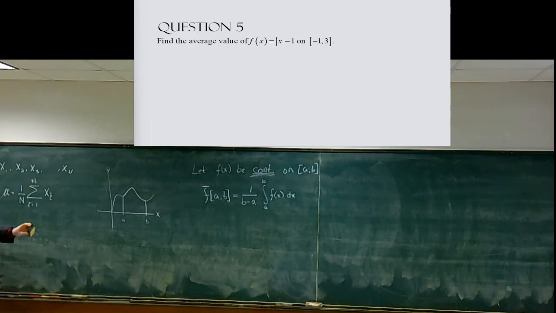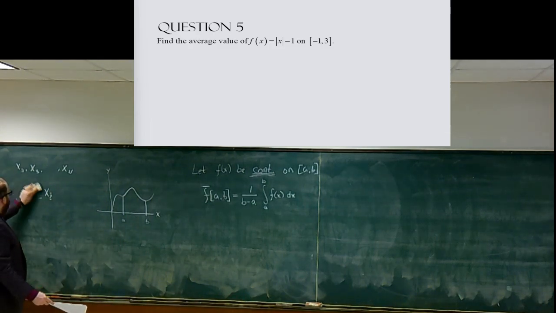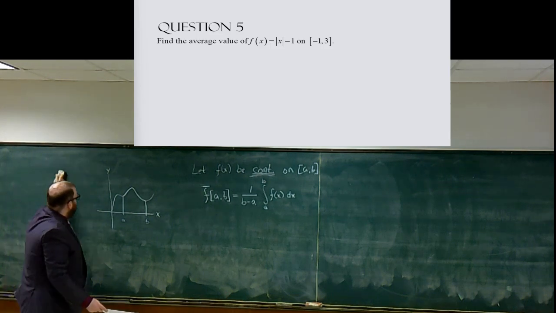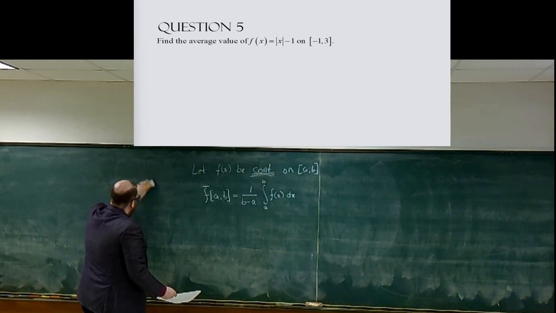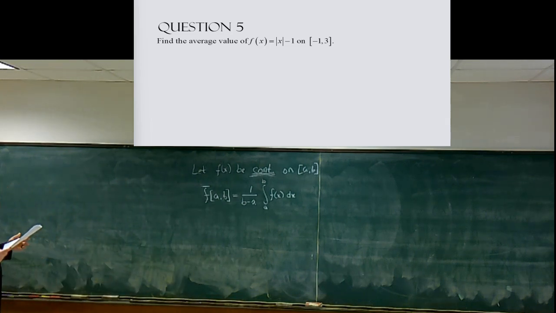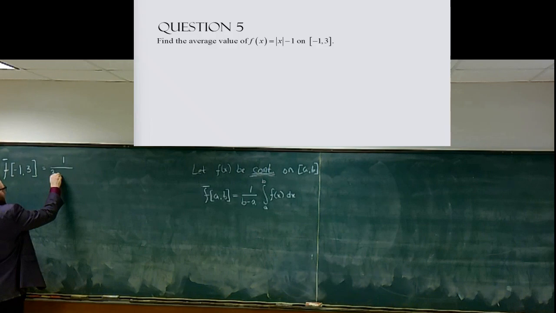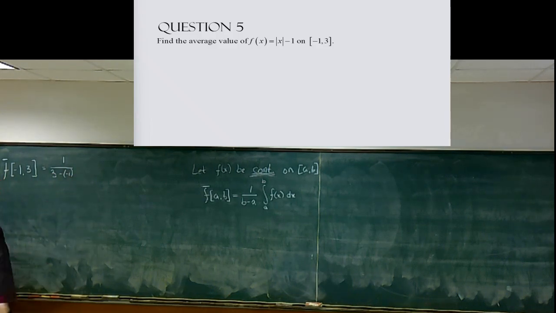So we're going to find some average values. One over the length of the interval, and b minus a, 3 minus negative 1.